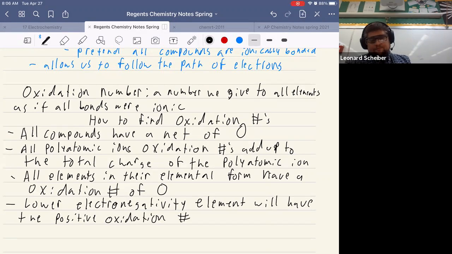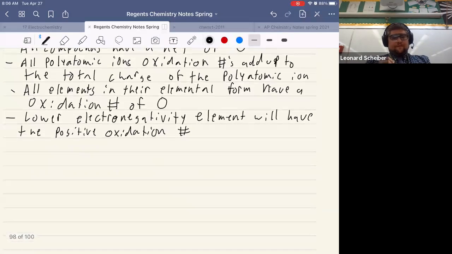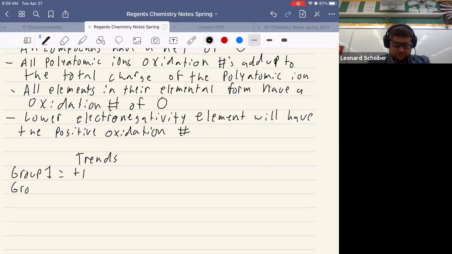Now, we have some trends to finding those oxidation numbers. But as a general rule, use your reference table. Here are our trends. Group 1 will be +1. Group 2 will be +2.